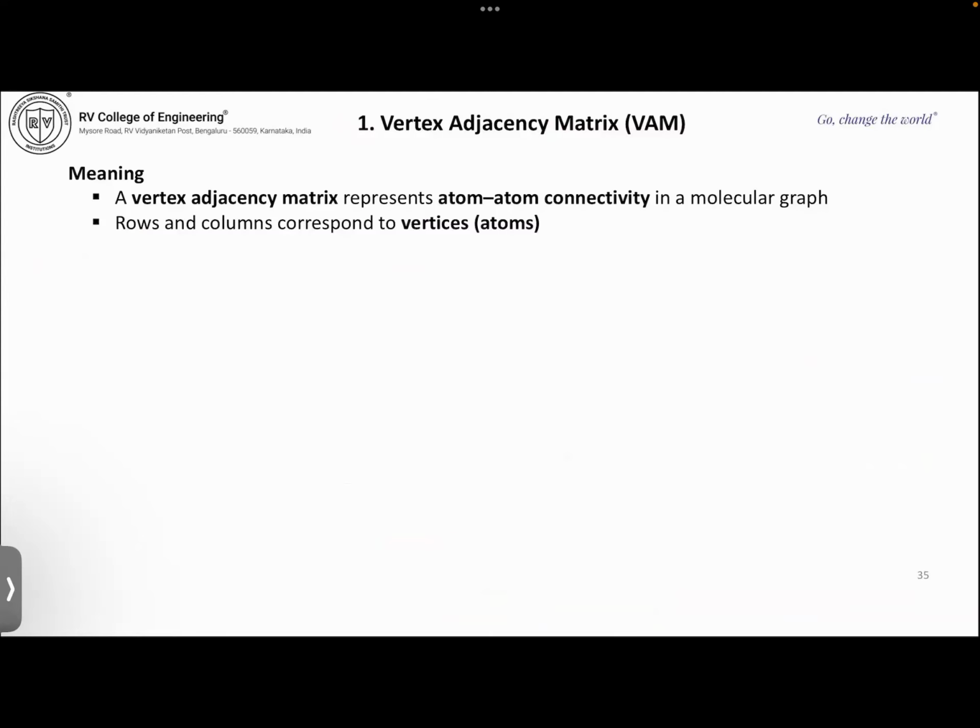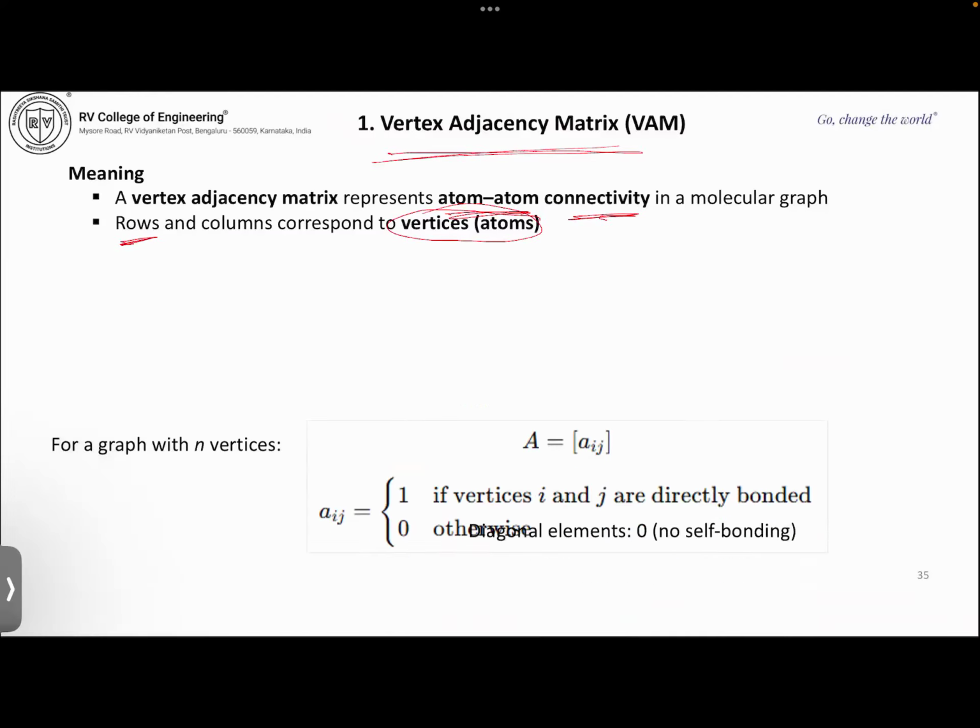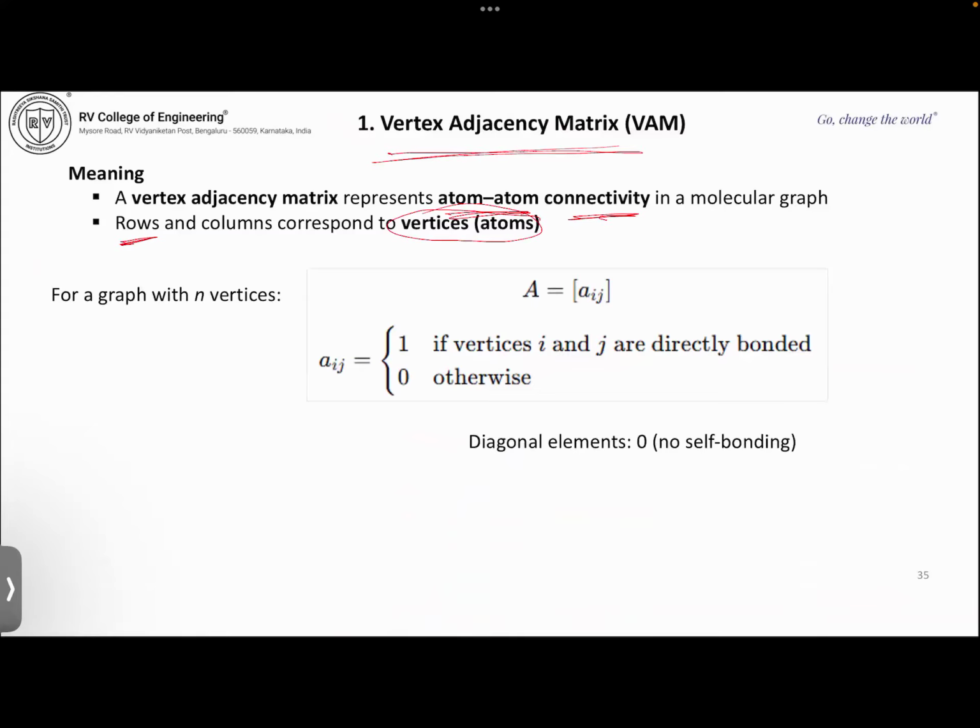The first one is the vertex adjacency matrix. What is the meaning of this? The vertex adjacency matrix represents atom-atom connectivity. Vertex means atoms; they are also called nodes in a molecular graph. So rows and columns correspond only to vertices. For a graph with n vertices, A means adjacency.